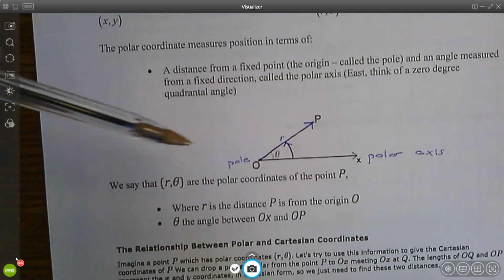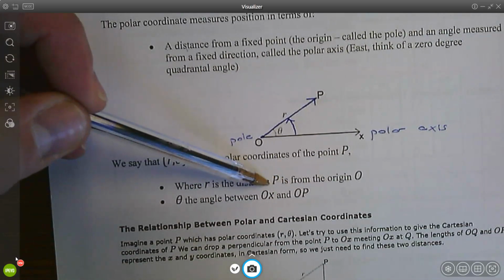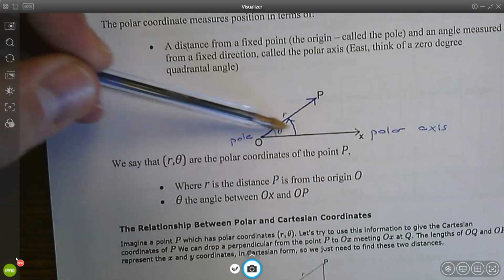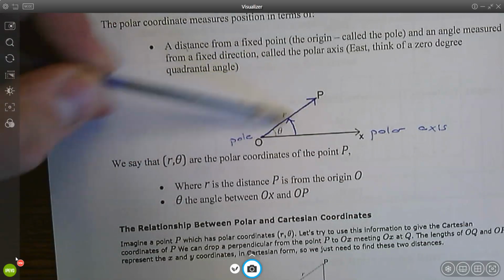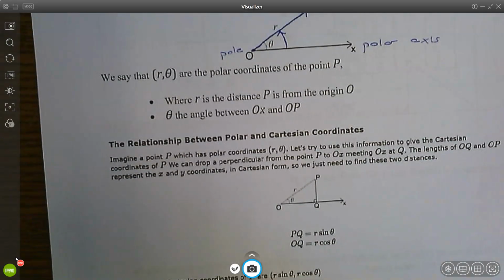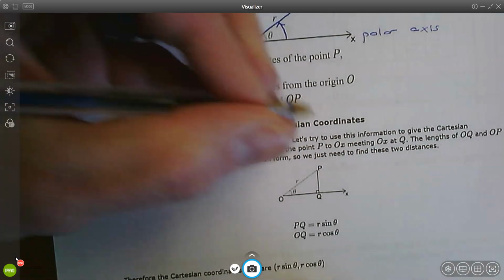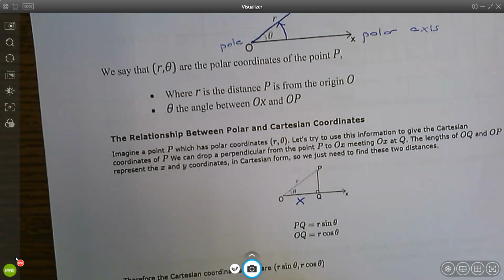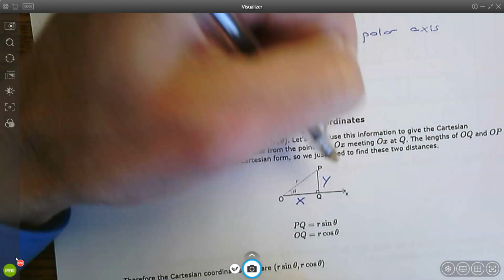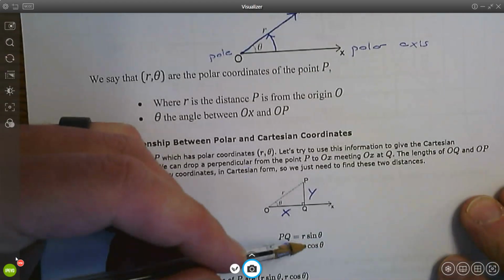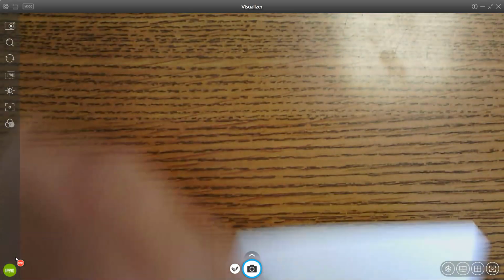Okay, so r is just the distance from the pole to the point, and theta is just the angle created from the polar axis to this other line segment. And we know that our x value corresponds with cosine, and our y value corresponds with sine. So we're going to dig into that a little bit, but more so on the next page.